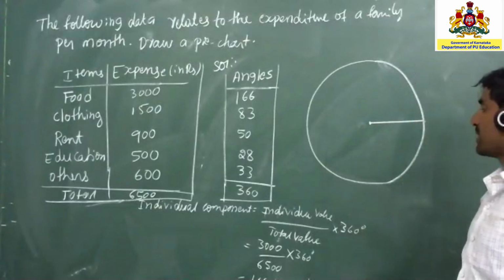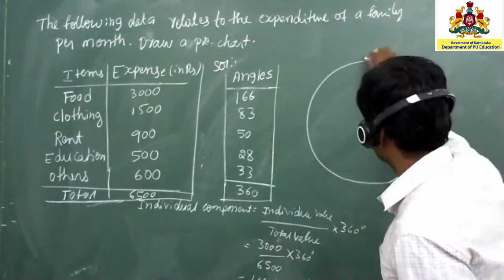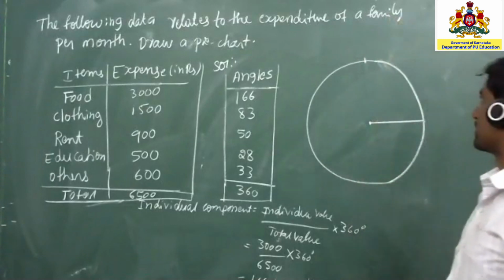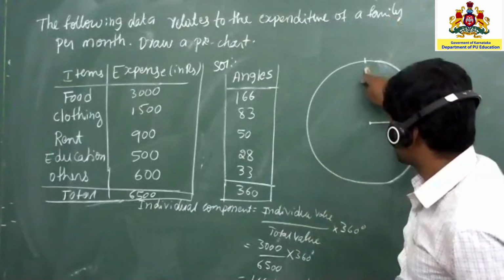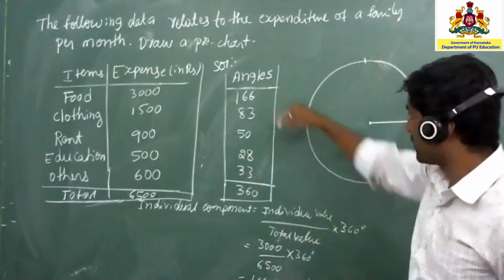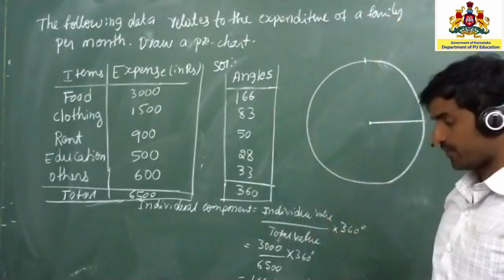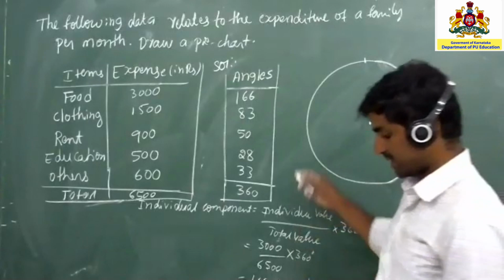Now what is the first value? 166. Approximately this is 90 degree. So by using the protractor, here 90 degree, and approximately 166 degree. So this one is 166 degree.